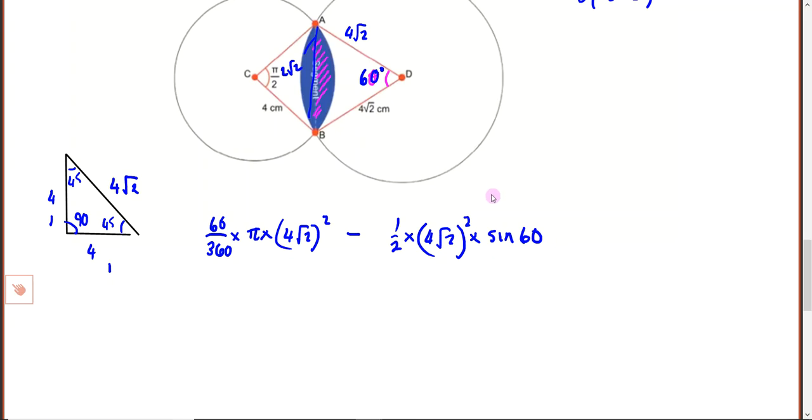And then we're just going to add 4 pi minus 2 on at the end. That's the part B question, yeah? So now we just have to go through and sort that out.